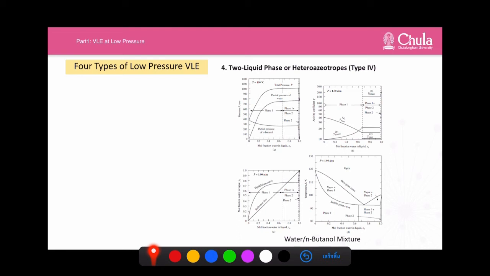But if the repulsive interaction is greater than what we found in type 2, A and B form two liquid phases. Okay, so in this case, for some reason it has two liquid phases. And we can expect vapor liquid equilibrium, okay, equilibrium where we have two phases of liquid and one phase of vapor.